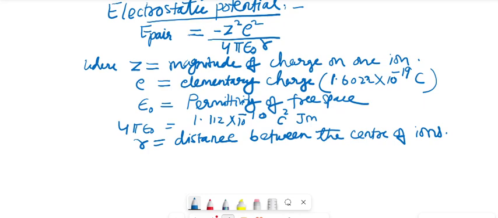So for a single lattice consisting of ions with equal and opposite charges in a 1:1 ratio, meaning the ratio between the number of positive ions and the number of negative ions is 1:1, there is interaction between one ion, suppose it is a positive ion, and all other lattice ions.